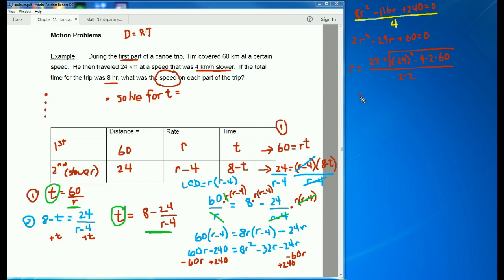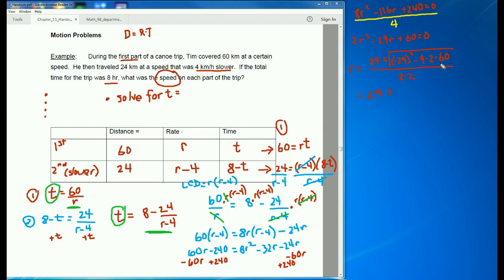All right, so 29 plus or minus, okay, so negative 29 squared is 841, and then minus this stuff is 480.